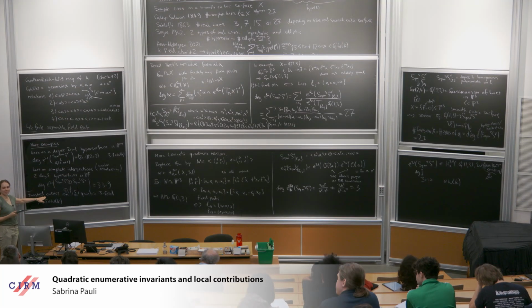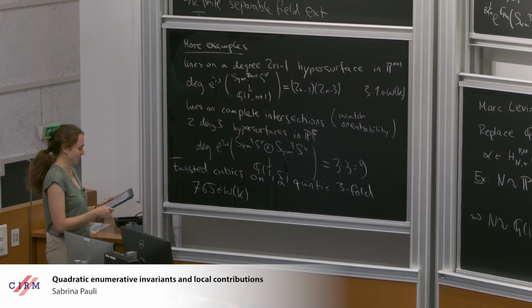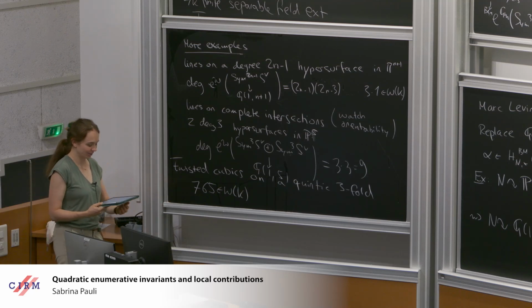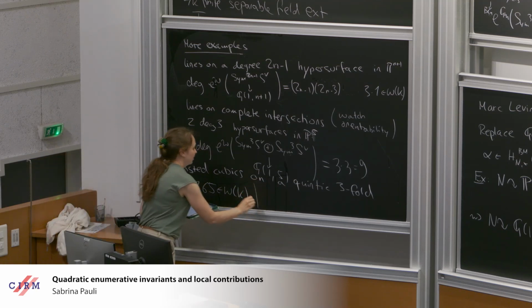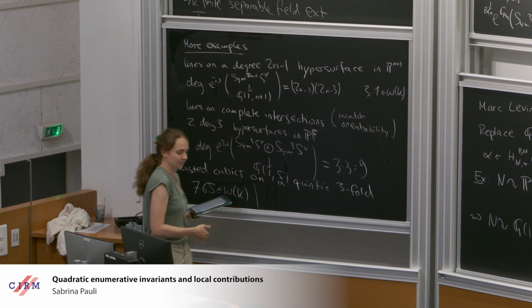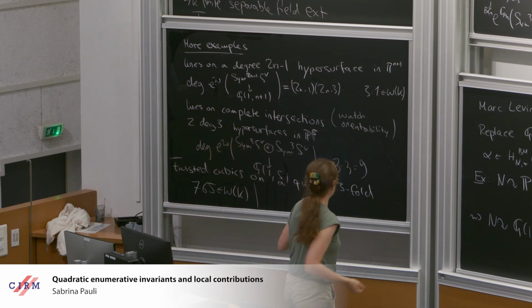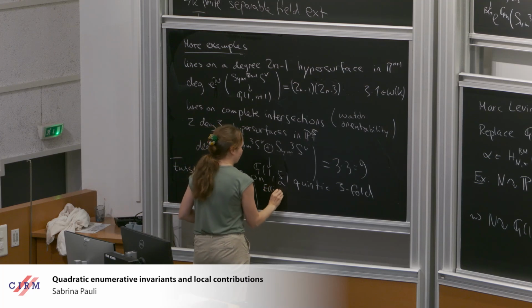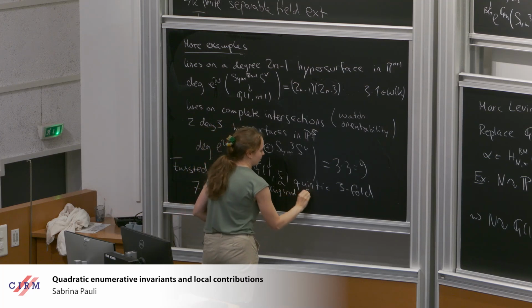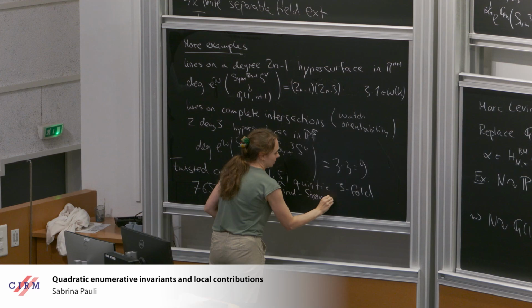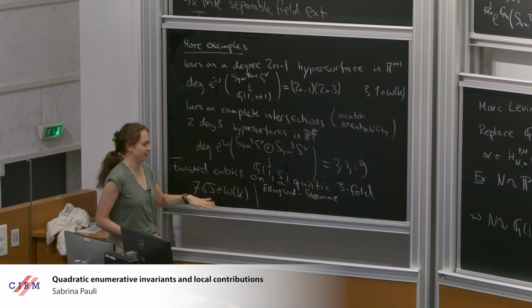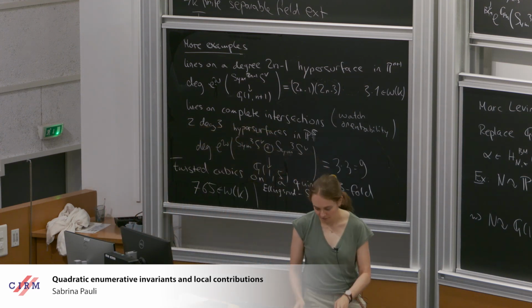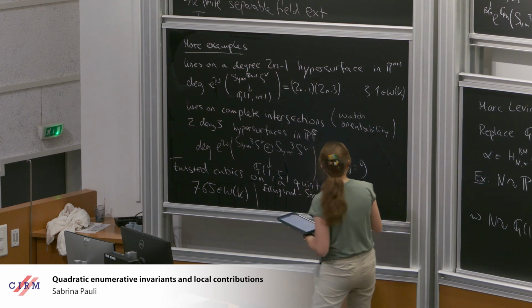And the way you do this is exactly the same as here, but much more complicated. So I'd rather do the computation for lines on a cubic surface. For this, you really need a computer. To get the rank, this method in enumerative geometry was pioneered by Ellingsrud and Strømme, who did the classical one, not the quadratic one.